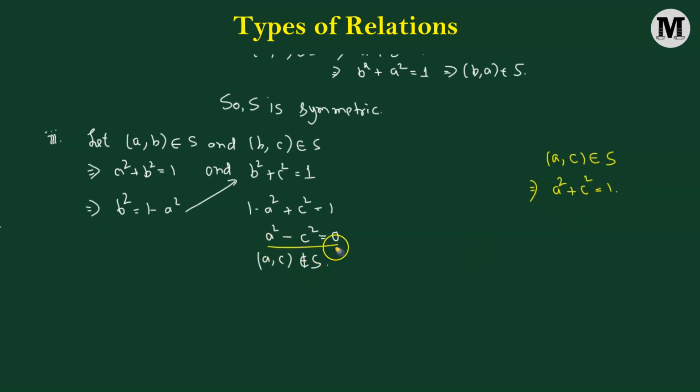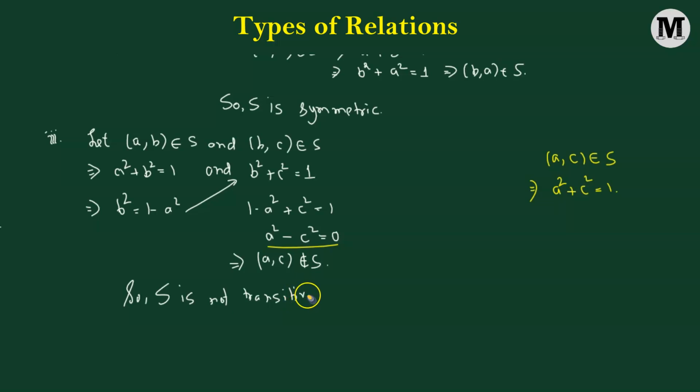However, we're getting a completely different equation, a squared minus c squared equals 0. So the ordered pair a, c cannot belong to S, and our relation S is not transitive.